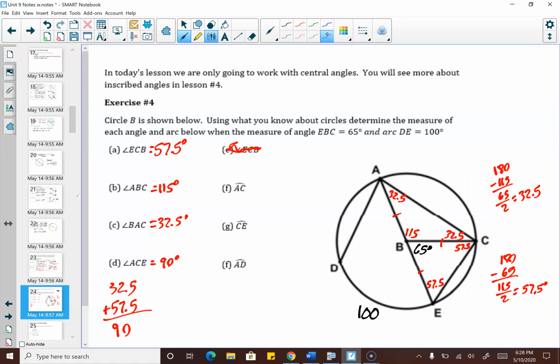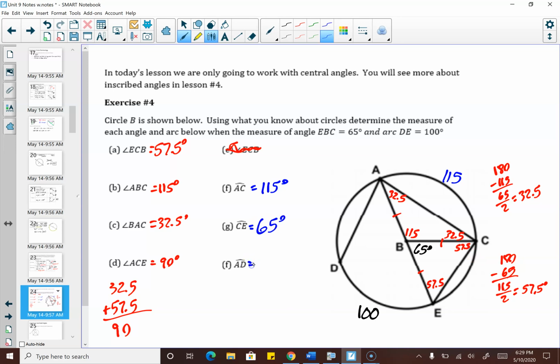Now as we look around, we want to know some of our arcs. It wants to know arc AC. If our central angle is 115, that means the arc between those two points is 115 degrees. Arcs and central angles are exactly the same. Arc CE is the same thing. Its central angle is 65, so its arc is 65.